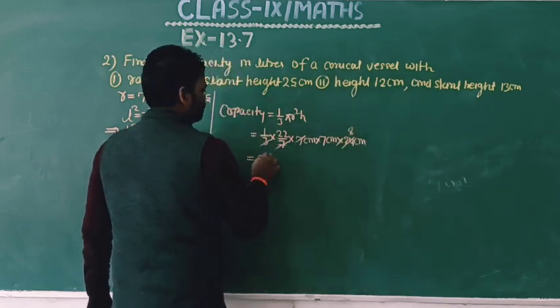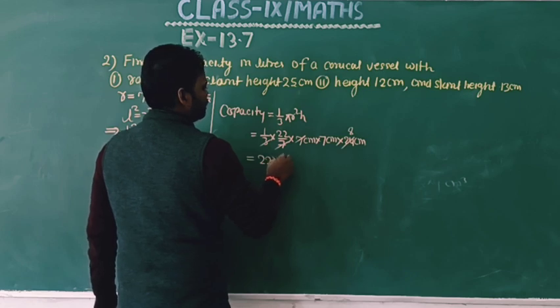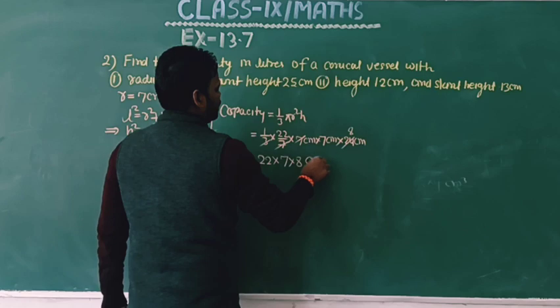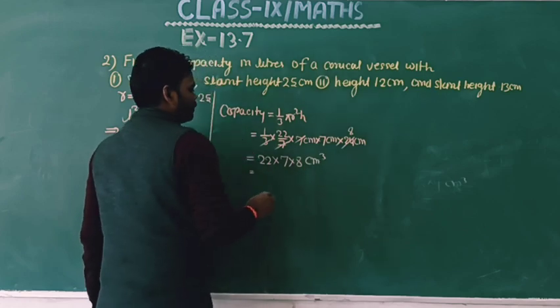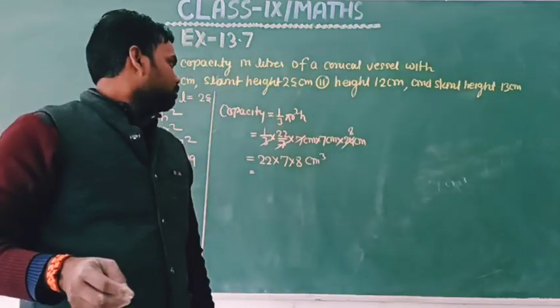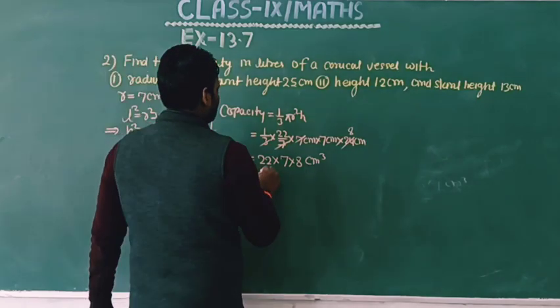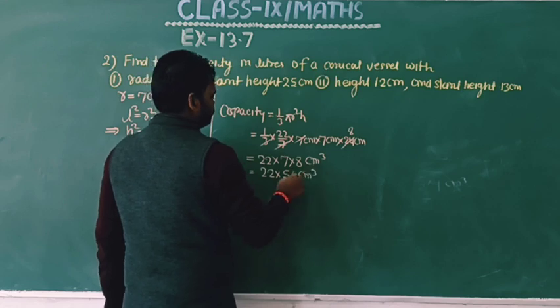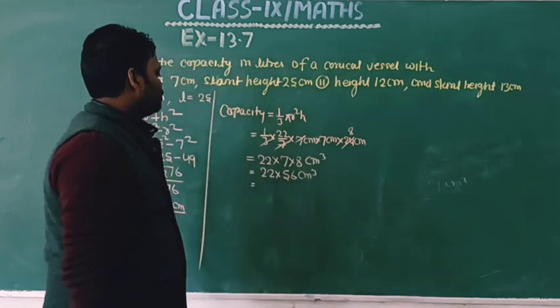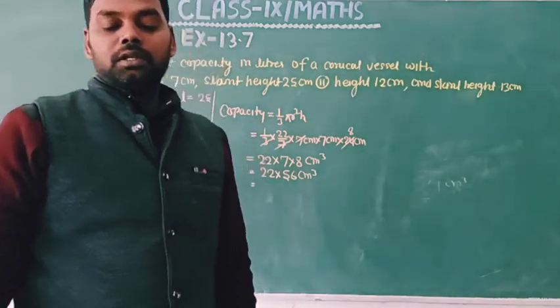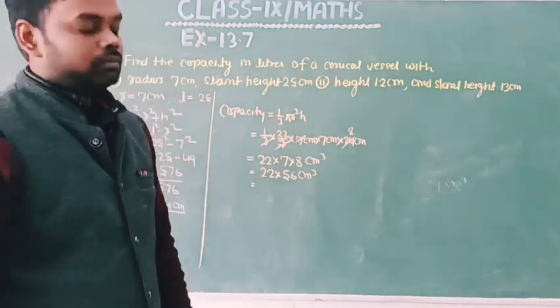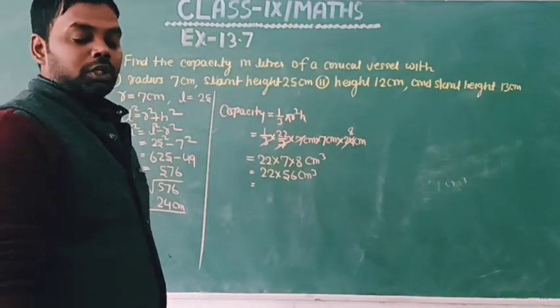Now multiply 22 by 7 into 8 centimeter cube, which is 22 into 56 centimeter cube.